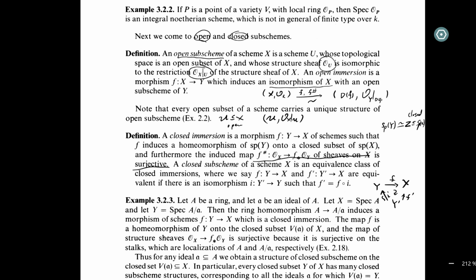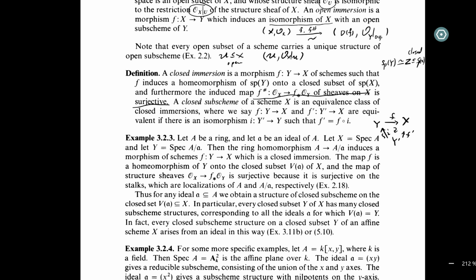The regular functions on U of X and the regular functions on the preimage of U in Y have a certain relation. And if you give me two morphisms, I say they give the same closed immersion if there is an isomorphism making the diagram commute.